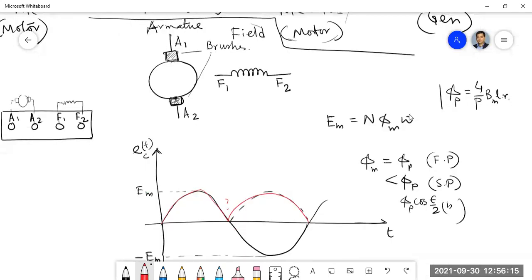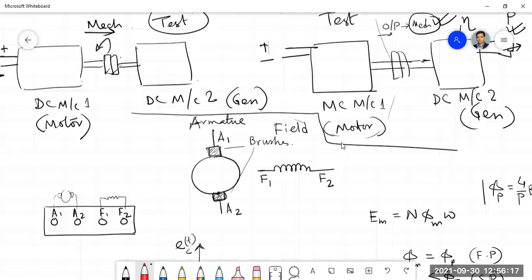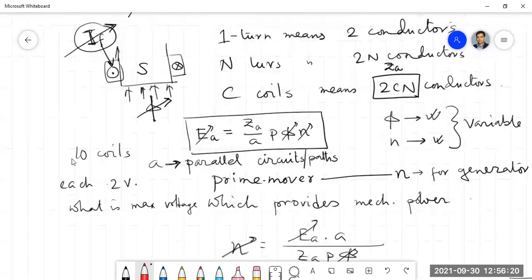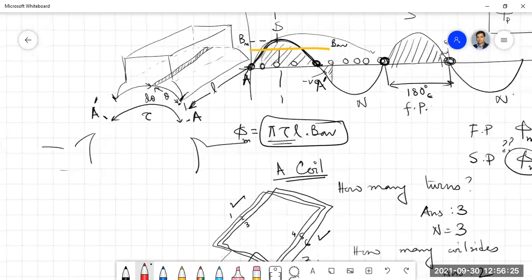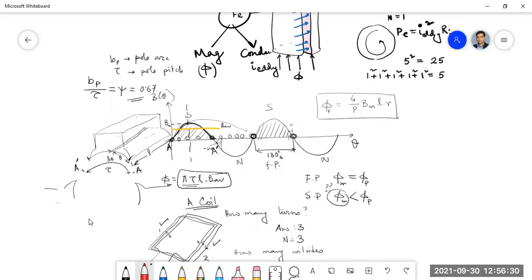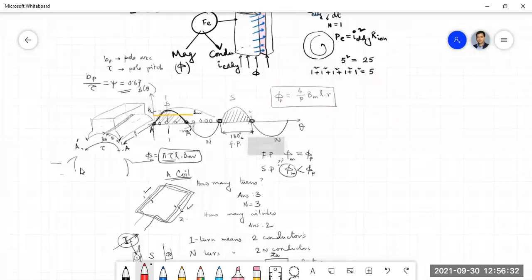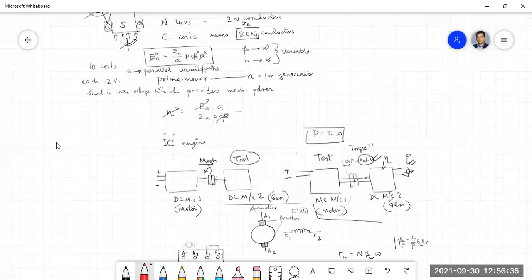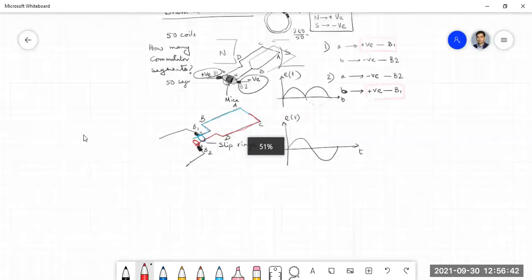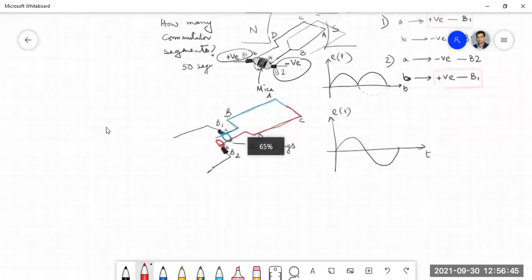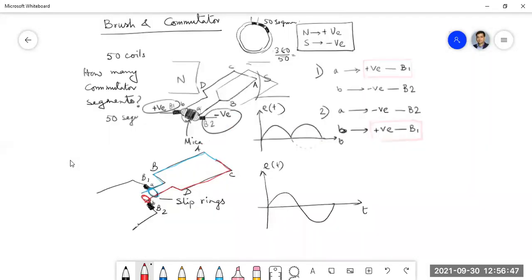Okay, but if we have... do we have that figure? Anyway, I'm not getting the figure, but I think I have already shown it by some figure in a different whiteboard maybe.